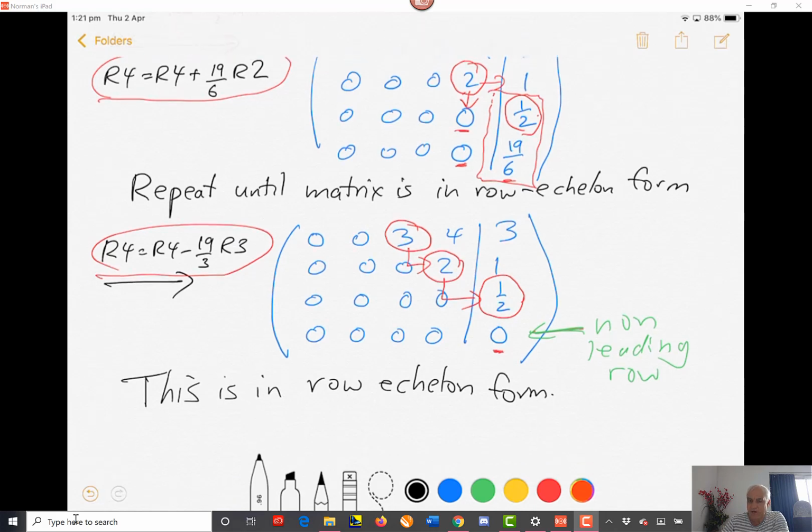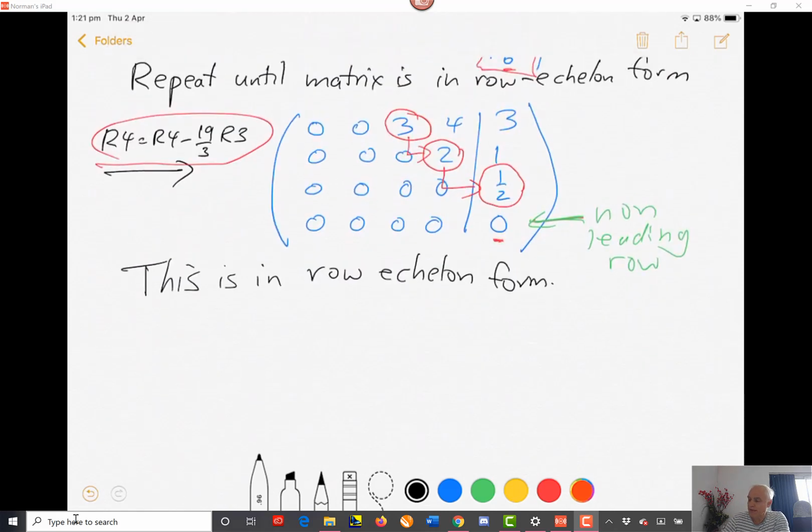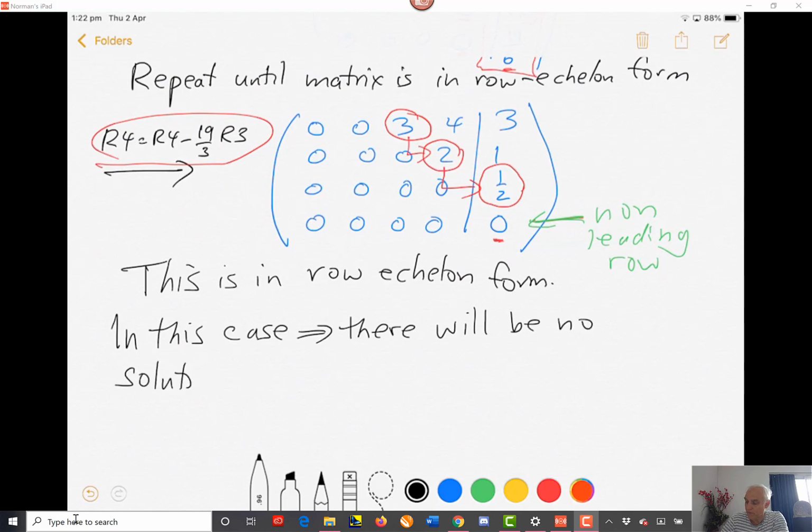Now at this stage already, we're usually able to say what kind of result is going to happen. So in this case, we can make a simple deduction. In this case, there will be no solution to the system.